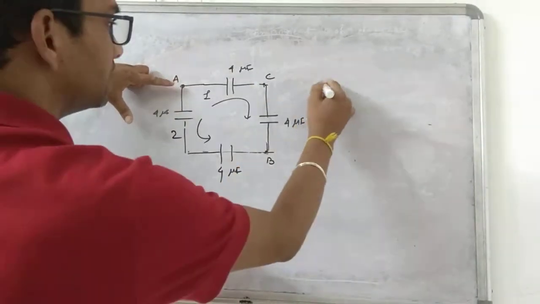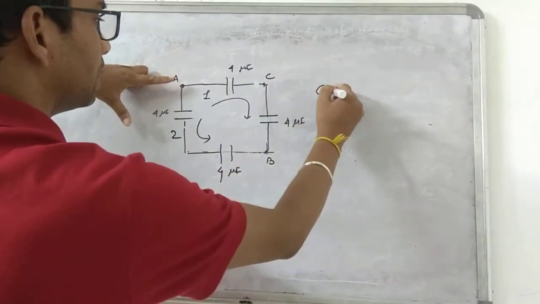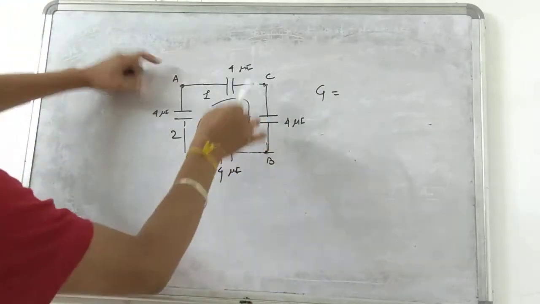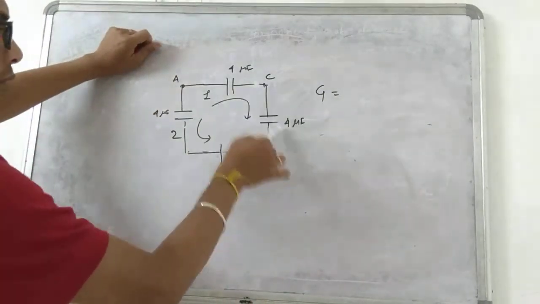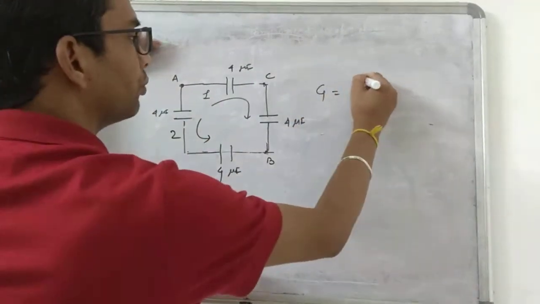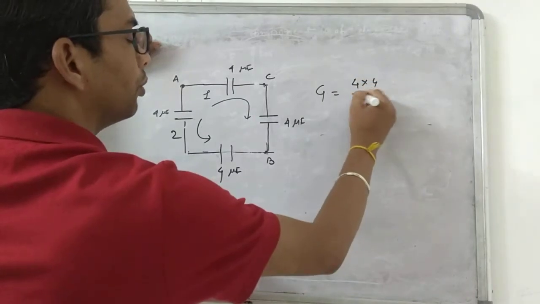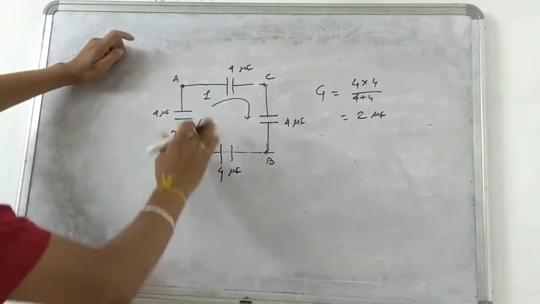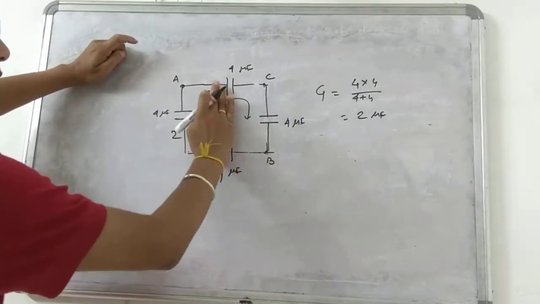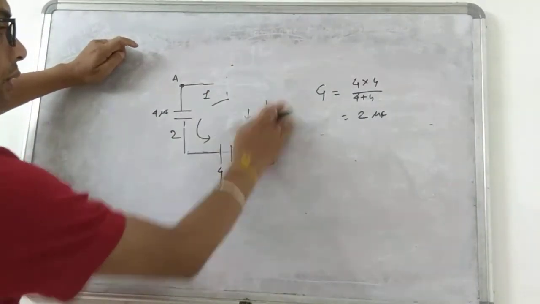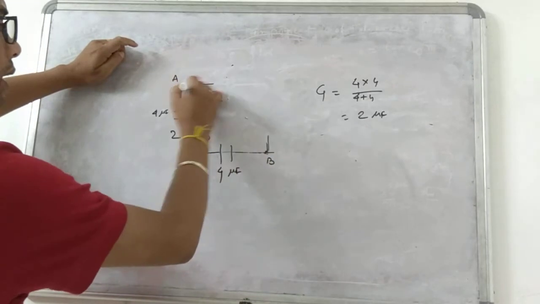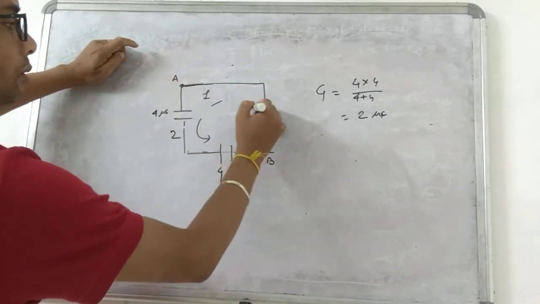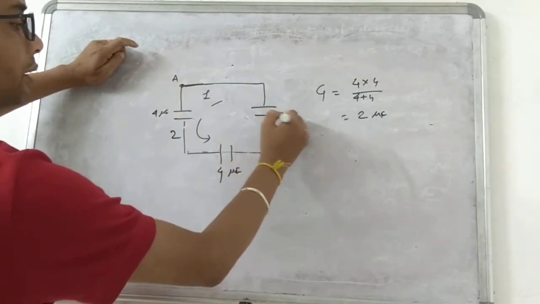For line 1, equivalent capacitance is C1. C1 is nothing but the series combination of 4 and 4, which is 4 into 4 by 4 plus 4, that is 16 by 8, which is 2 microfarad. So instead of connecting 4 and 4 in series, you remove them and connect a single capacitor of value 2 microfarad.